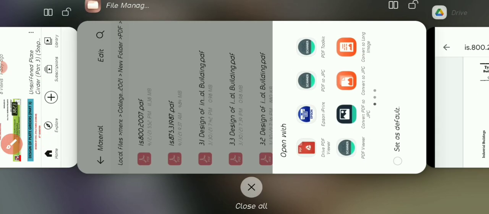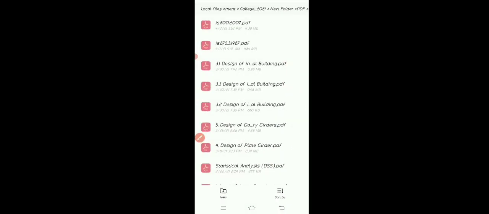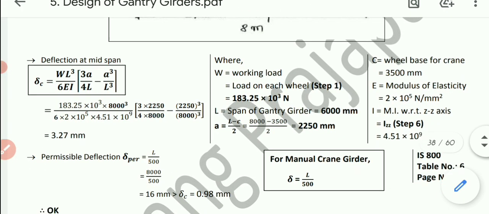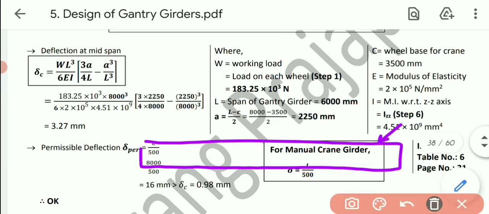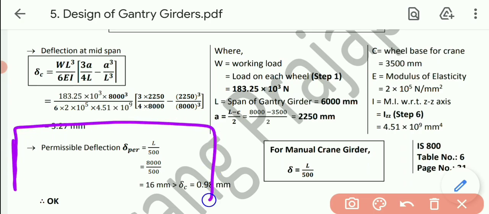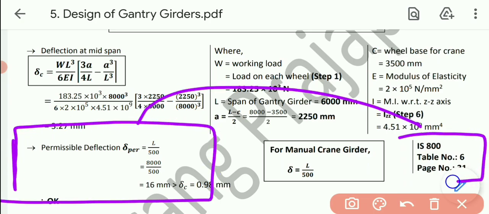So let's go back to the design. The permissible deflection criteria is span by 500 as per table number 6, page number 31. Span is 8000 by 500, so our answer comes to 16 mm.